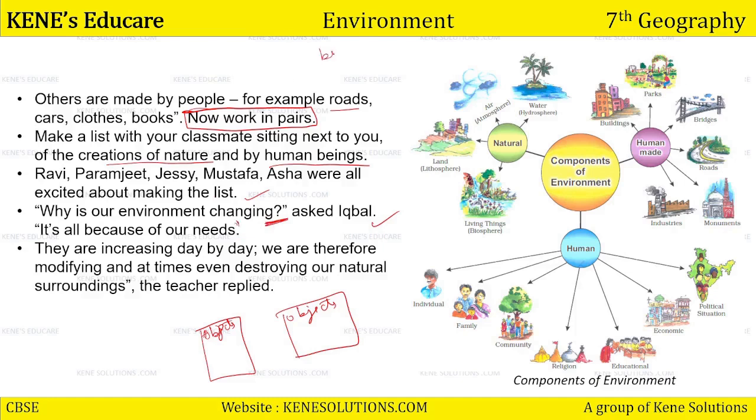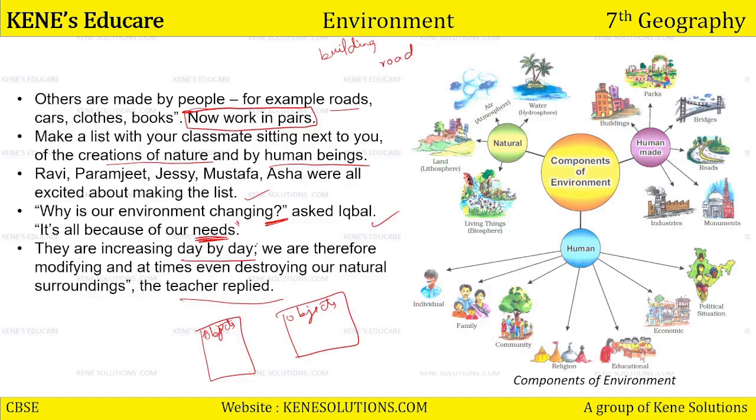We need a building to live. We need road to walk the transport on. That is why we are changing our environment. And our needs are increasing day by day. We are therefore modifying and at times even destroying our natural surroundings, the teacher replied.